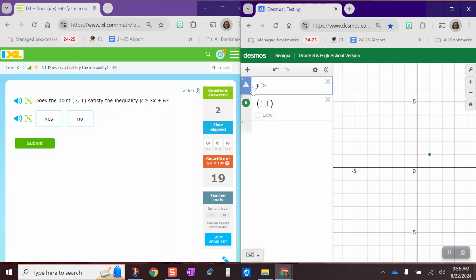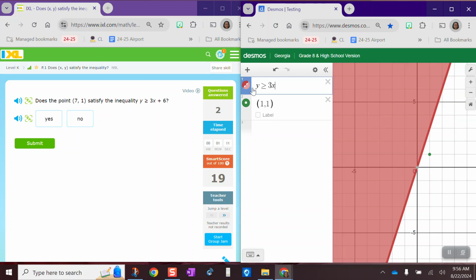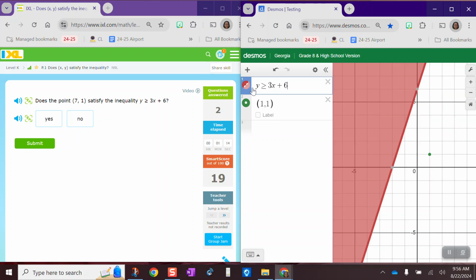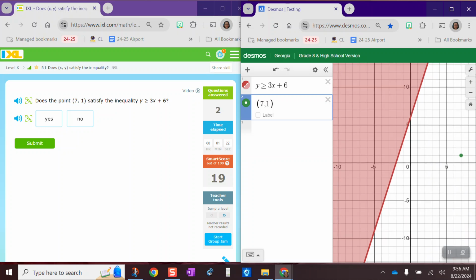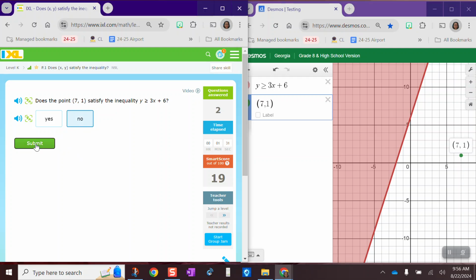y greater than or equal to 3x plus 6. And the point that we're checking is (7, 1). I don't see it anywhere. Oh, there's my point. So you see how my point is in the non-shaded area? So that means it is not a solution.